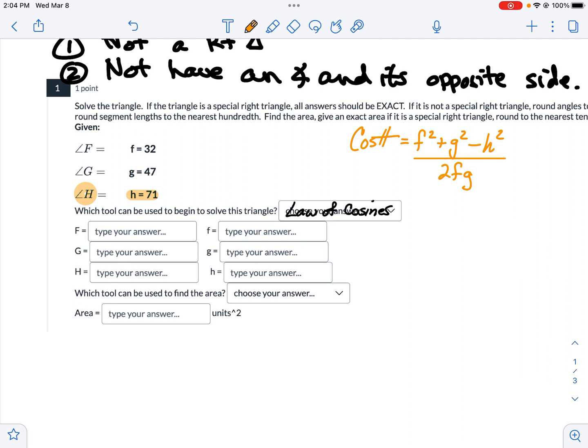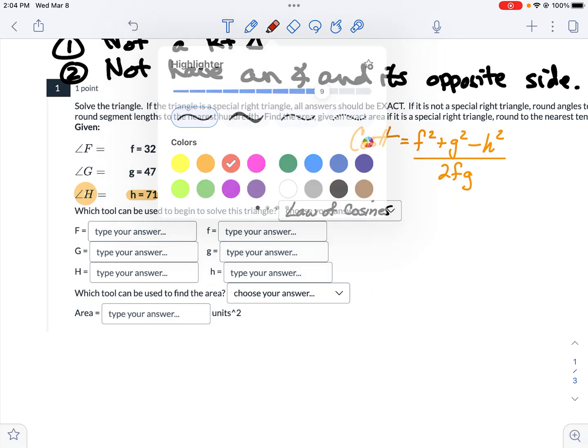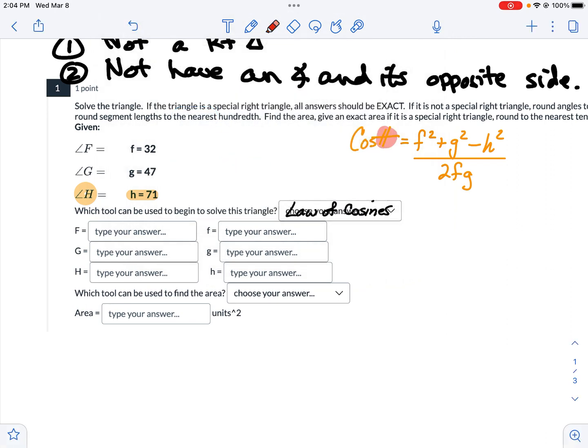I'm using that rule because I am looking for the angle H. The key here, my friends, is that if we are looking for H, then H needs to be the one that is subtracted, and the other two segments need to be all the other numbers in the problem. So, let's write the rule.